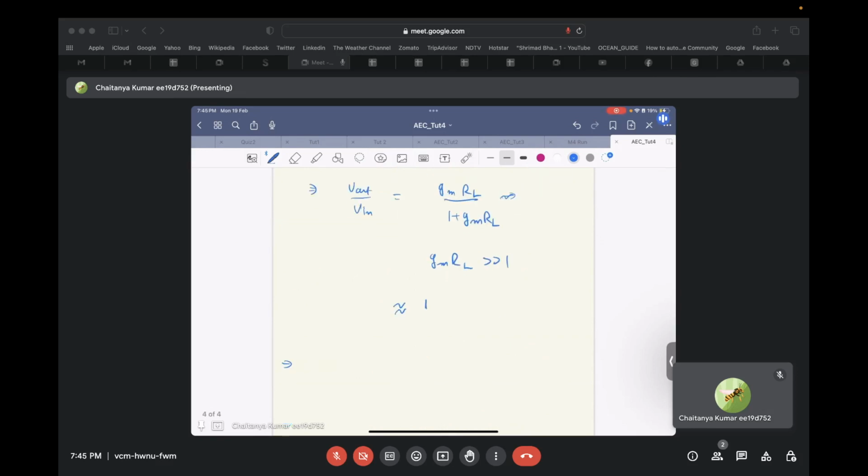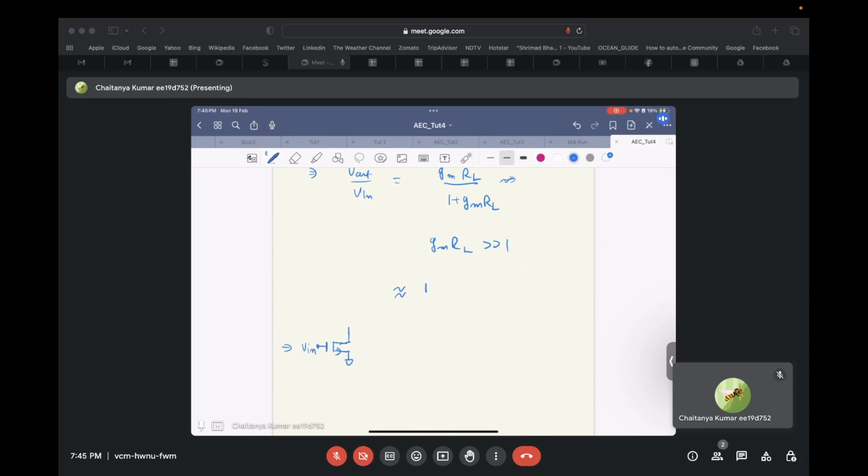So what if you want gain that is more than unity? In that case, there are two circuits that we can talk about, with which we can achieve that. Generally, we have seen that gain greater than unity can be achieved using a common source amplifier, and the common source amplifier looks like this.